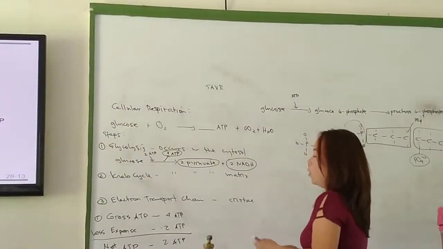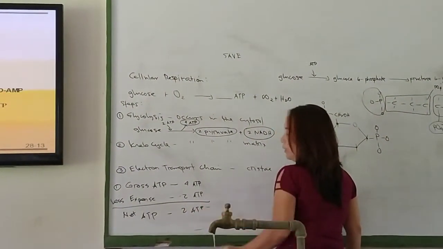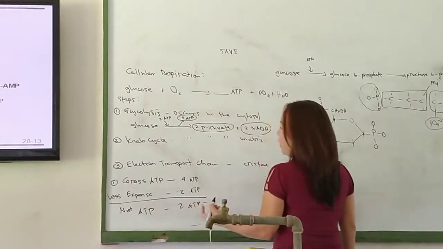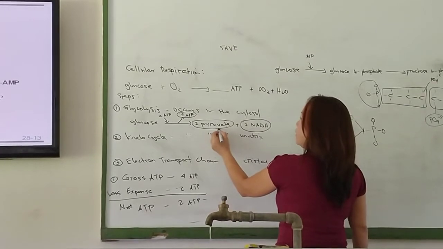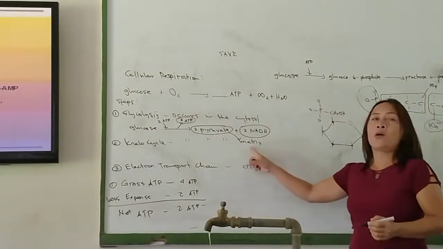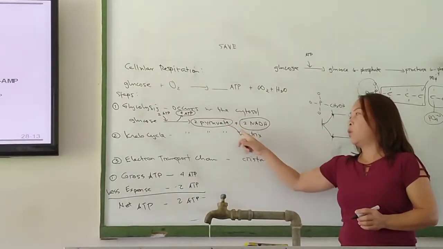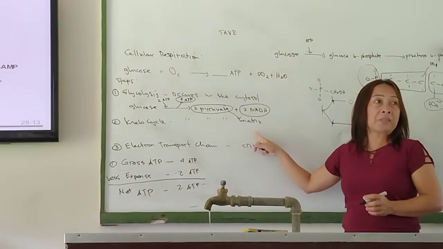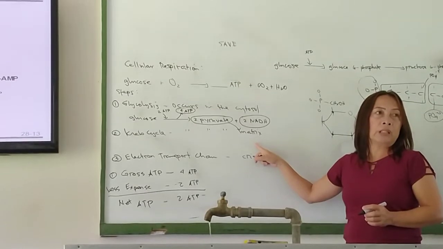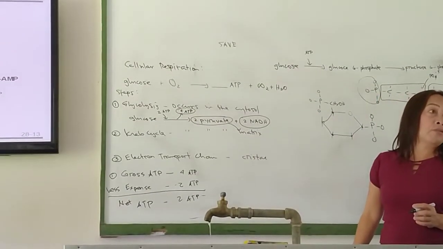Now, this 2 ATP would be used up by the cell activities right away. However, these 2 pyruvate will be transported from the cytosol to the matrix for the Krebs cycle or citric acid cycle, which is part of the oxidative phosphorylation.